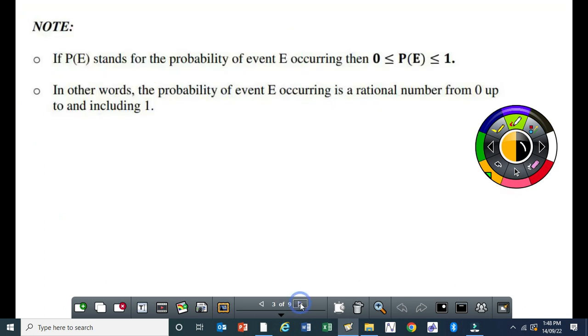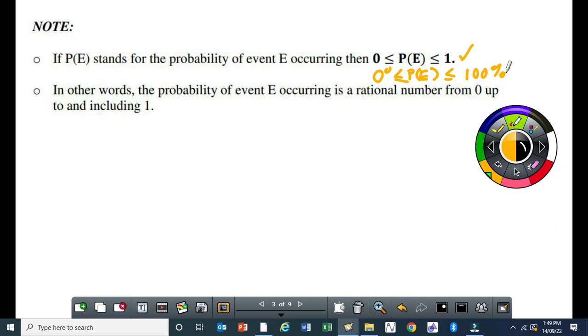Now, when you do a calculation of probability, your answer must never be negative. It must be between 0 and 1. Or you can say it must be between 0% and 100%. But I don't like to write probabilities as a percentage.